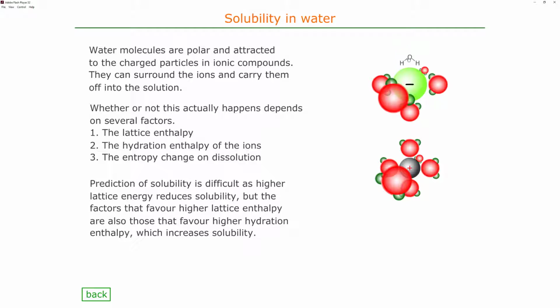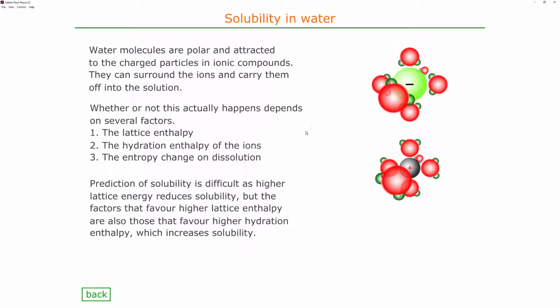The hydrogen of water is partially positive. It will get as close as it can to the negative charged particles, whereas the lone pairs on the oxygen will get as close as it can to the positively charged ions. And this way the water molecules can carry the ions off into solution.